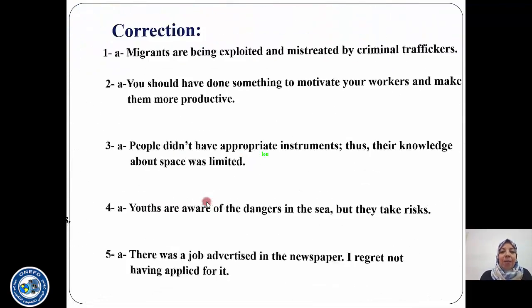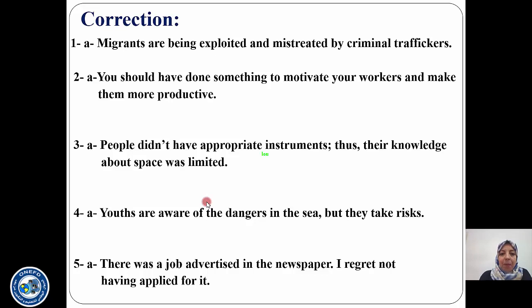So let's correct. Migrants are being exploited and mistreated. So what tense is this? Are being exploited. You have here the present and you have the ing form, okay? So this is the auxiliary to be, which is in the present continuous, plus the past participle of the text. So my passive sentence is in the present continuous.